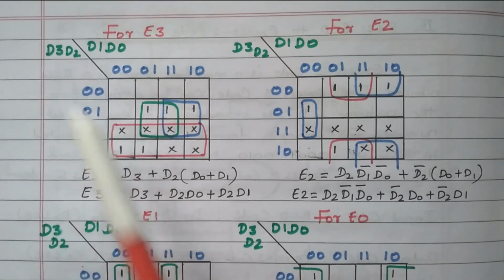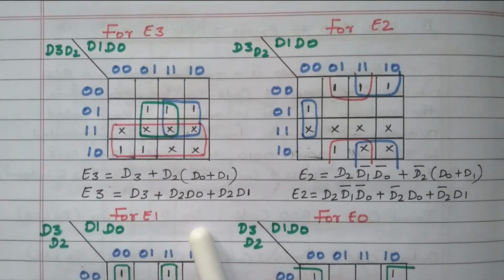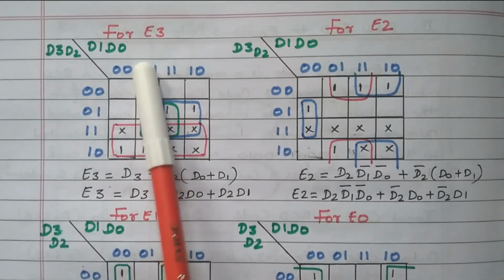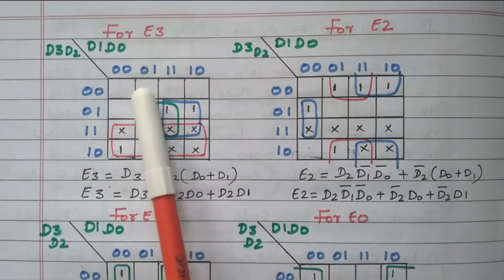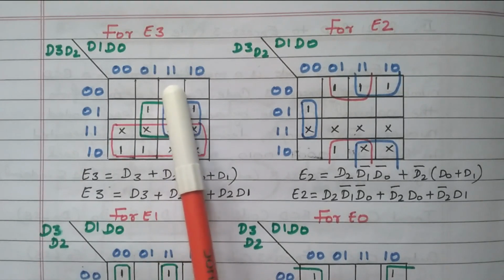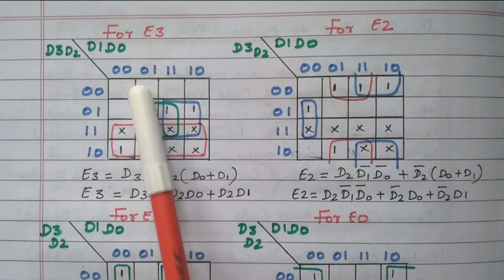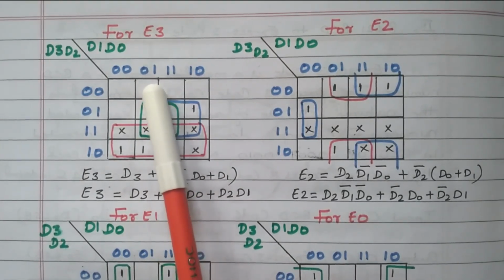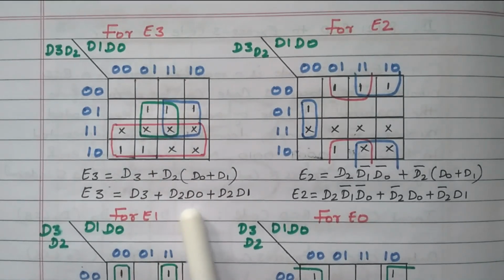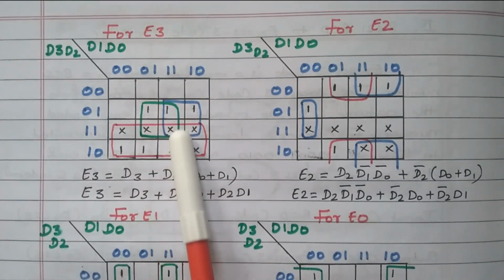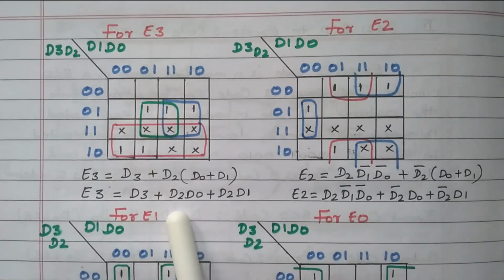It is D2, so we write D2. Now for the corresponding second column and third column: here 0, 1 and here 1, 1. The first number, 0 and 1, got cancelled. The second number, 1, is available in both the second and third columns. That is D0. So D2 into D0.